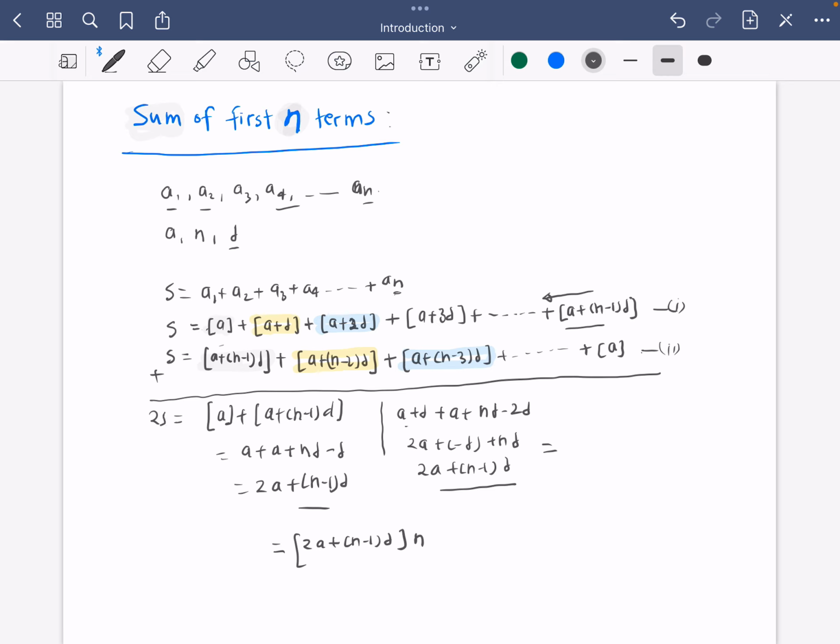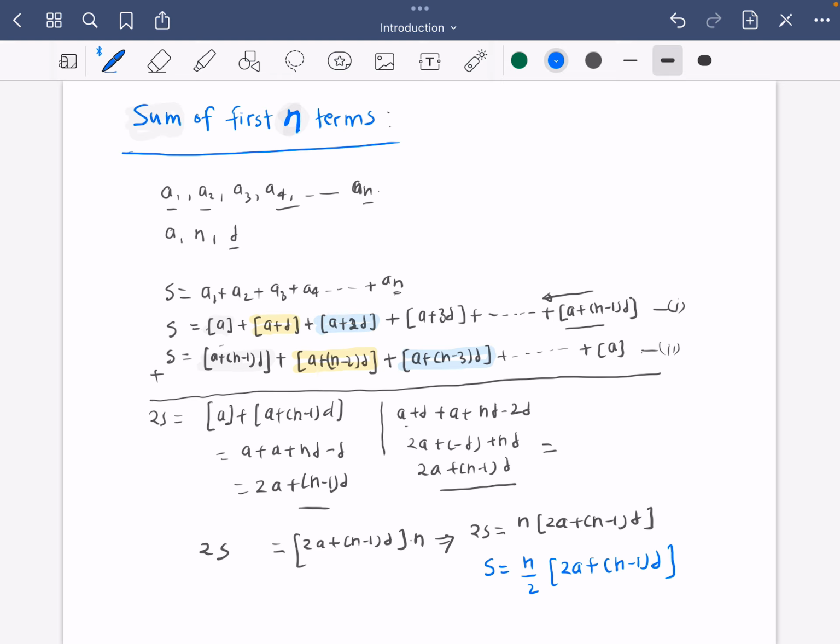So 2s is going to be n times 2a plus n minus 1 times d, or s, the sum of the first n terms, is going to be n over 2 times 2a plus n minus 1 times d.